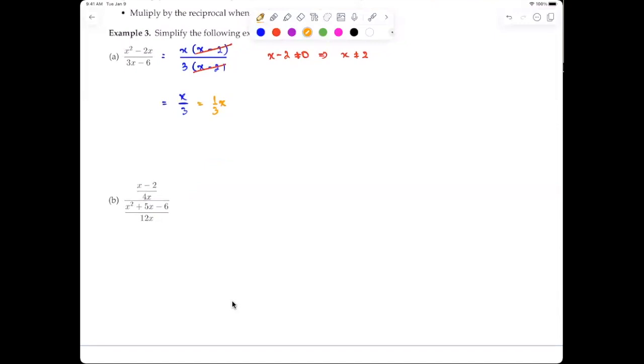Now it's really one rational expression by another. Right. So factor the numerator and denominator when possible. So let me start this problem by factoring.